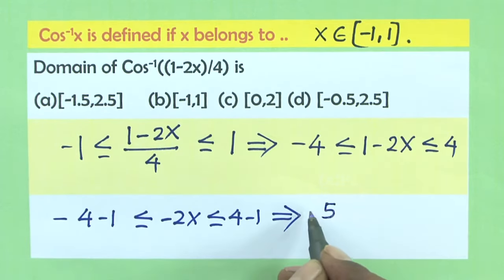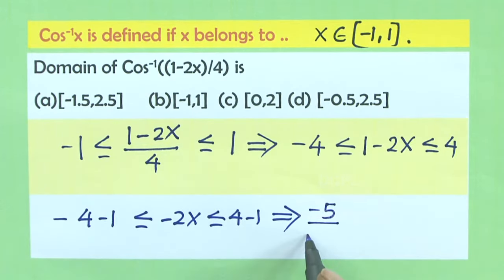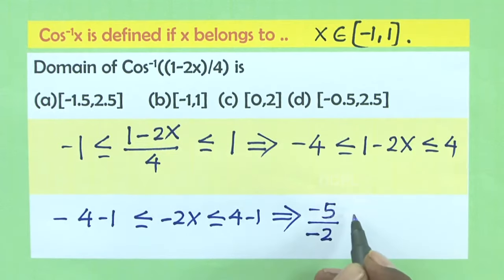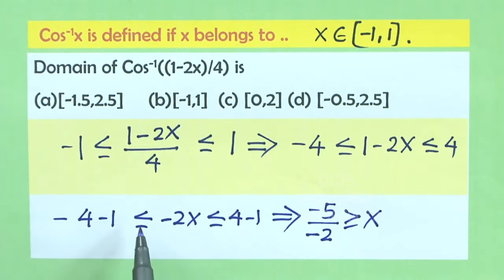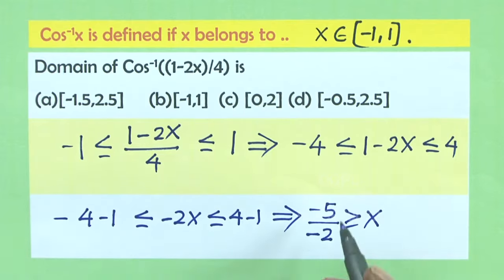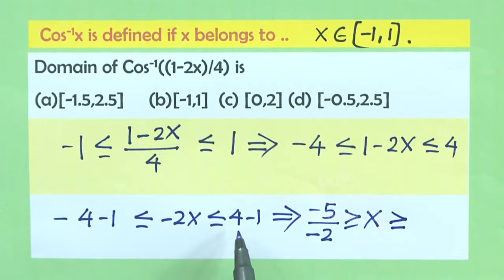The inequality reverses, because if you divide by a negative sign, the inequality reverses. For example, minus 2 is greater than minus 3, but 3 is greater than 2.